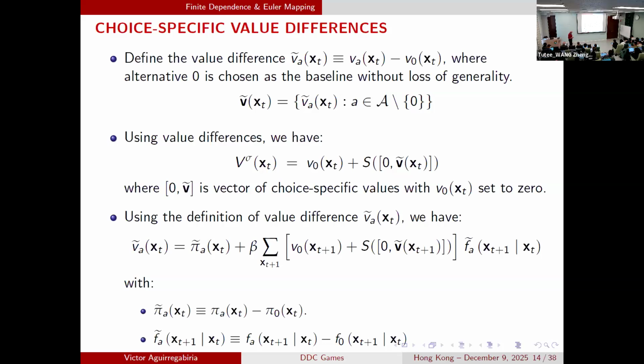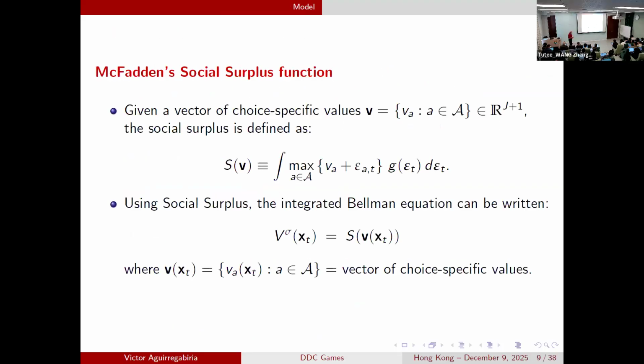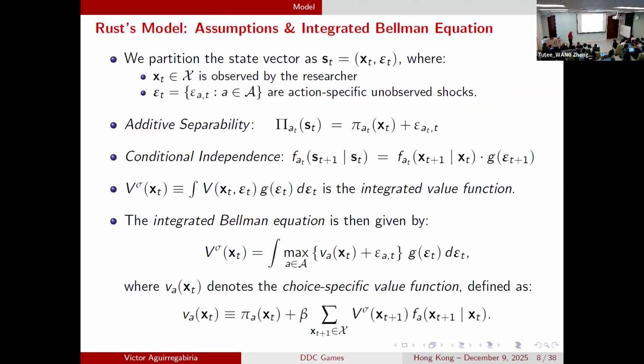Remember, let me go back. The conditional choice value function of one particular choice alternative is today's payoff plus next period expected values, given that alternative A has been chosen today. Well, the difference between this value V_A and V_0 will be the difference between today's payoff for alternative A minus alternative 0.